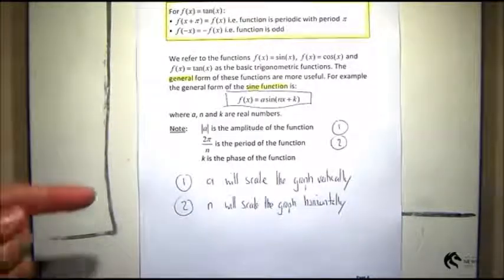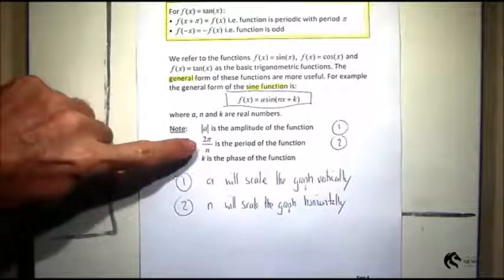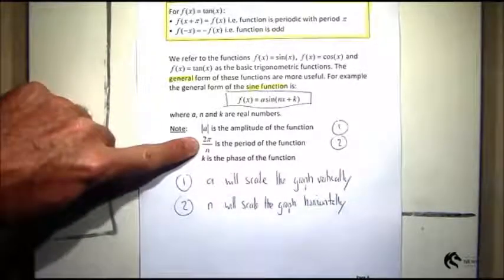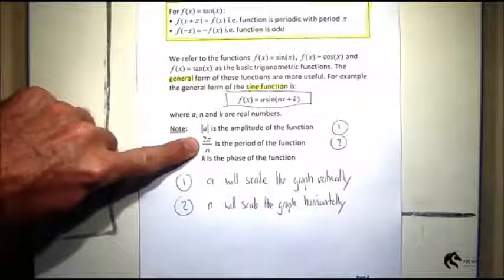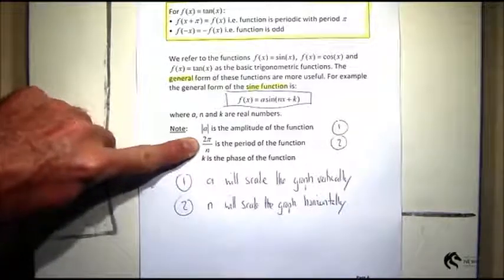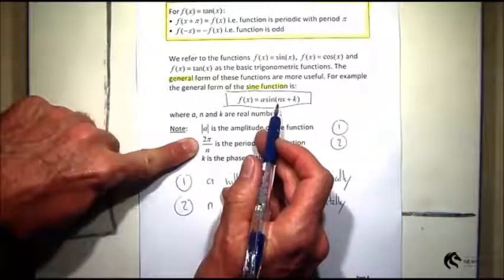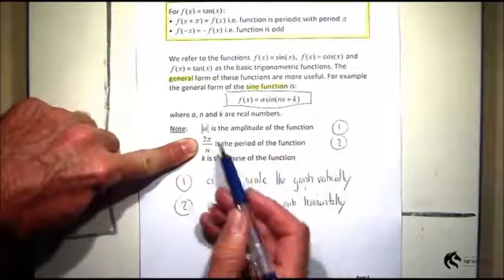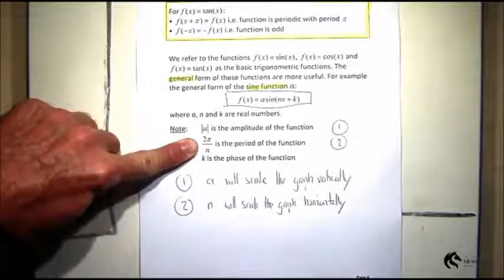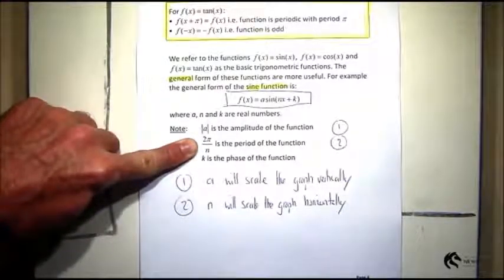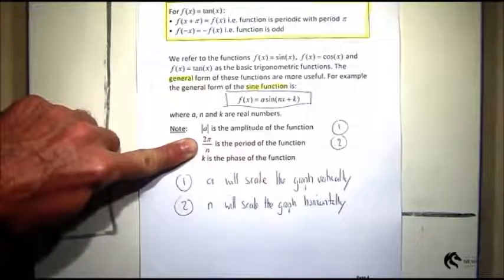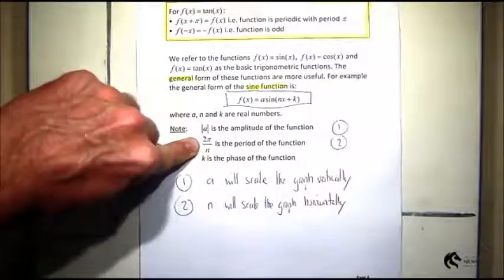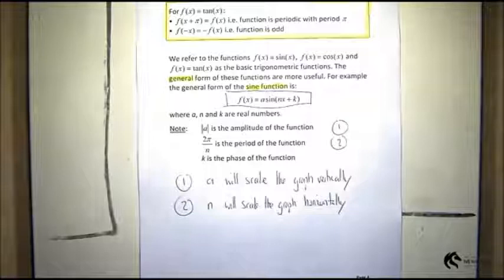And the amount by which it does it is given here. A standard sine function has period 2 pi. If I put an nx in there, then the period goes down to 2 pi on n. We'll have some examples of this as we go along, and it will make more sense.